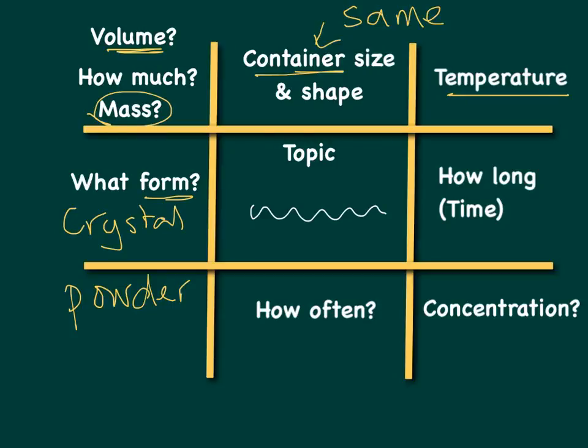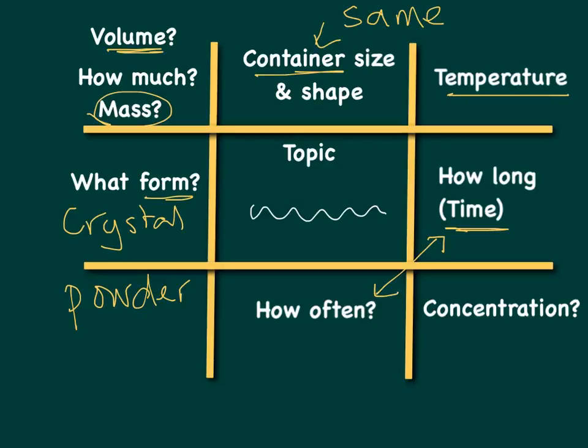Now, another important one is time. How long are we going to do the activity for? How often are we going to make our measurements? So these two things here are a little bit linked, but I think we can see there are two different ideas. One is basically how long, the other is how often am I going to make the measurement?